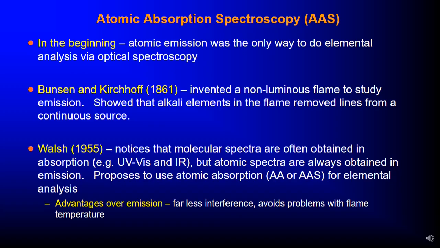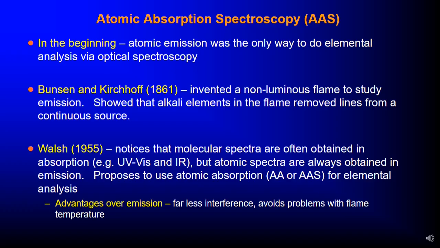Atomic emission was the only way to do elemental analysis via optical spectroscopy. But then we have Bunsen and Kirchhoff, who invented a luminous flame to study emission, and showed that alkali elements in the flame remove lines from a continuous source.